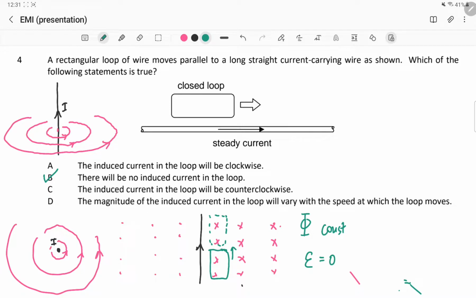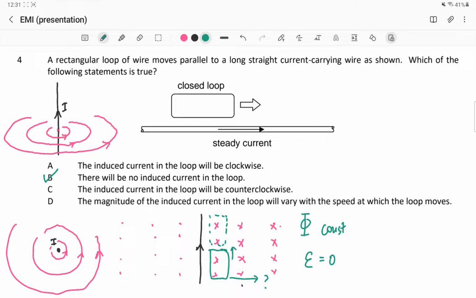An extension to this problem would be, what if the coil doesn't move upwards parallel to the wire but moves away? Then what will happen? You can consider this, pause a while and think what will happen.